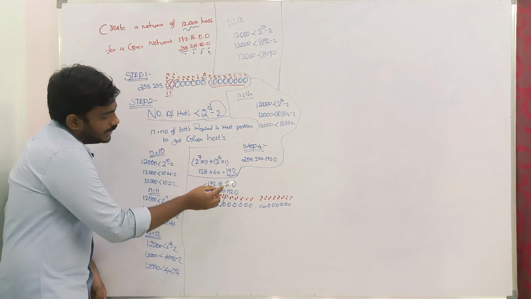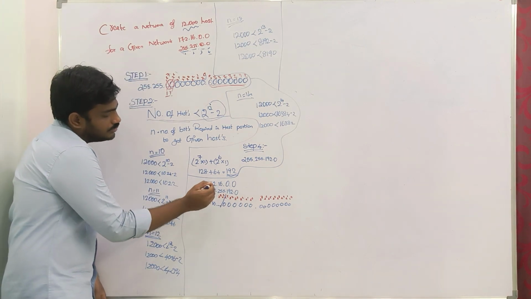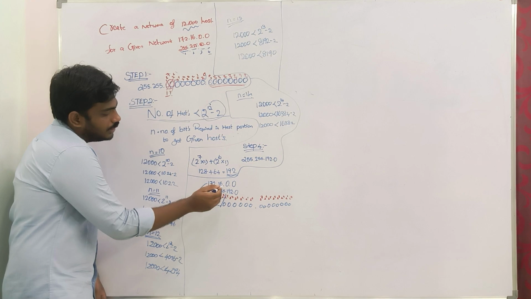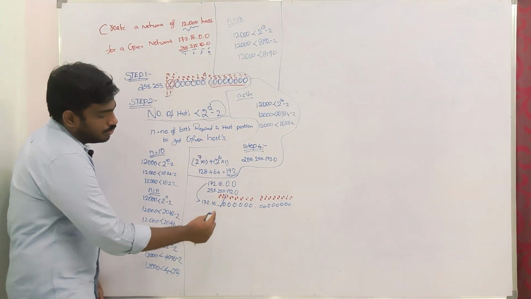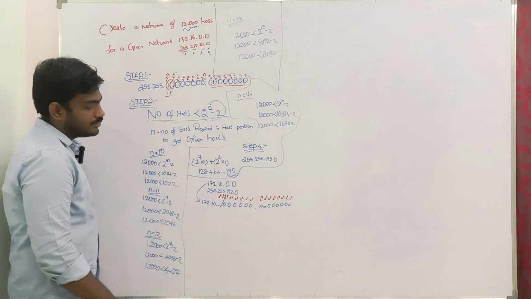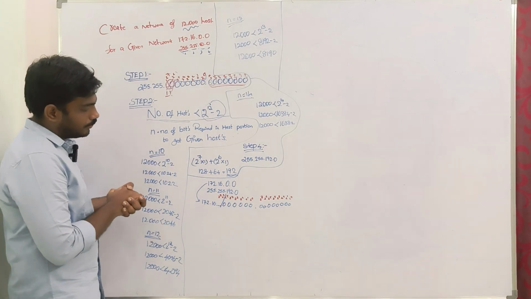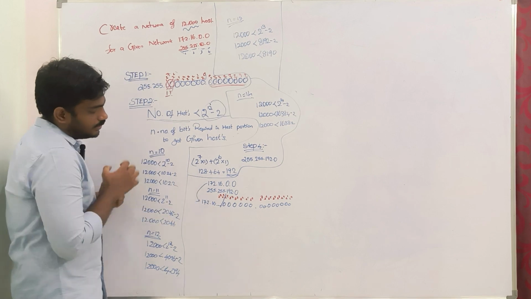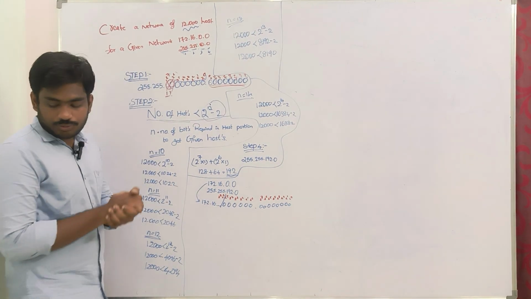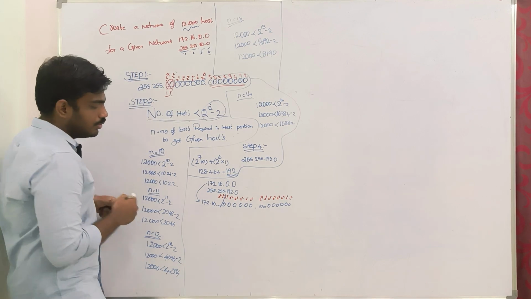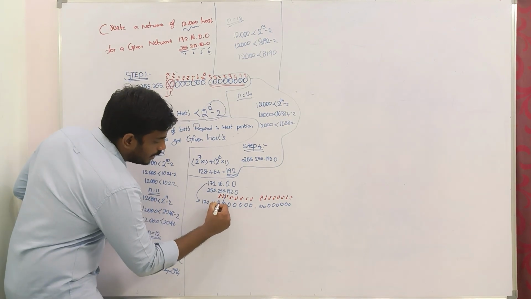So what is our IP here? 172.16.0.0. We have given only these 2 bits for our network portion. 2 power 7 is 128, 2 power 6 is 64. Do we get 0? So you just make it 0 here.